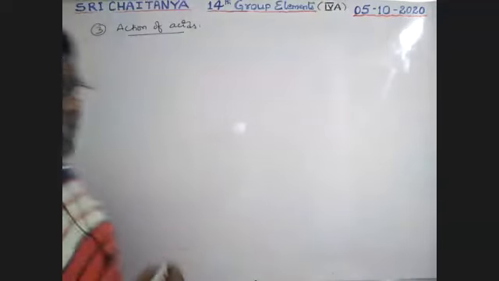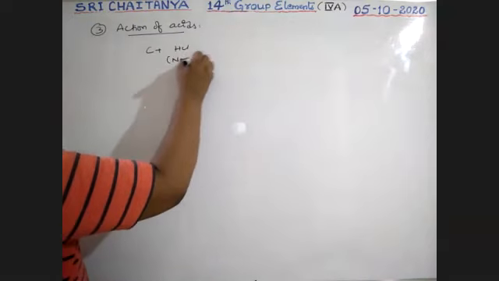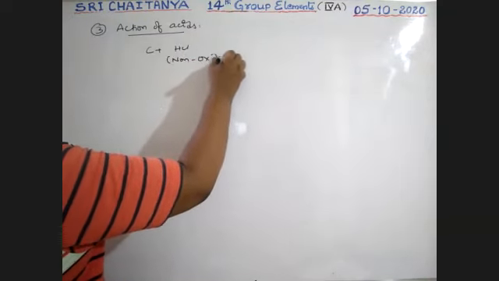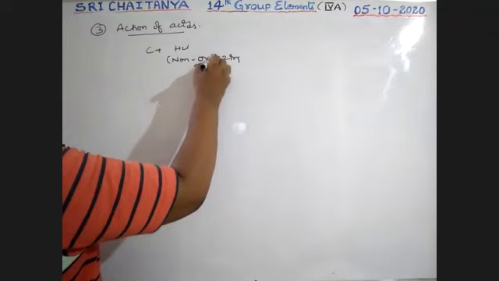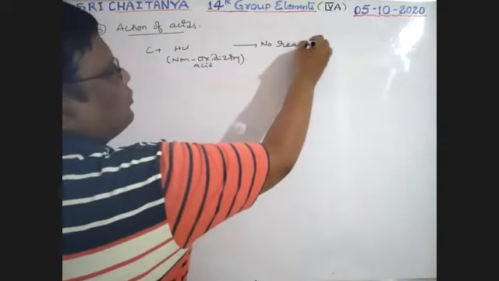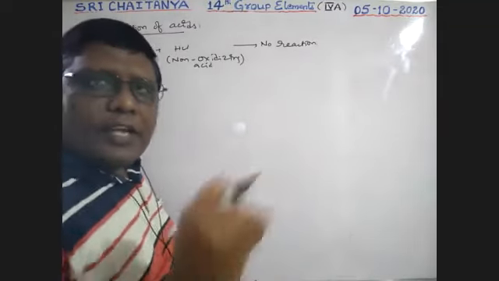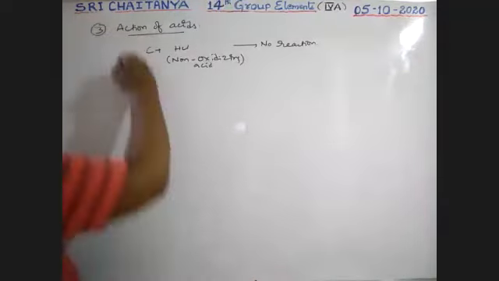See here, first point, carbon with HCl, it is a non-oxidizing acid. No reaction. Carbon with non-oxidizing acids, no reaction. But with H2SO4, it is possible.